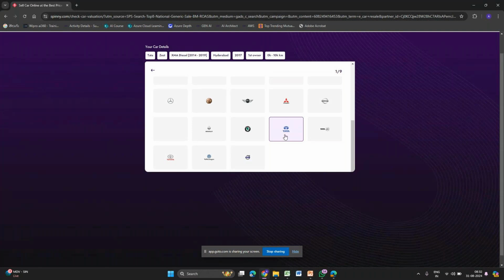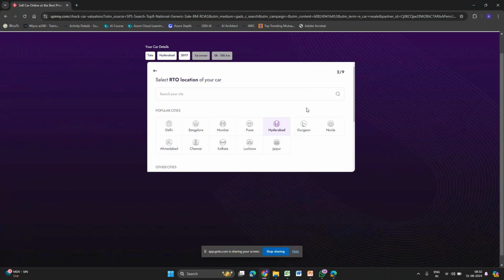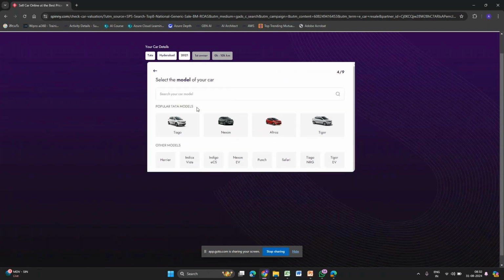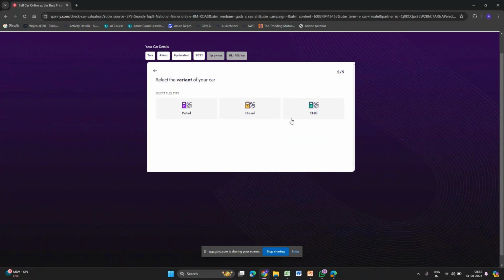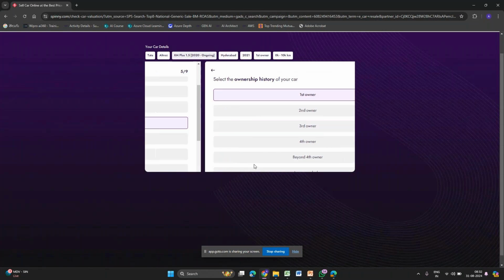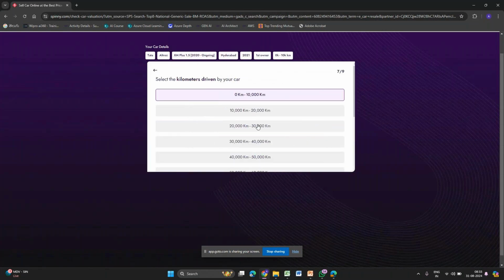I'm taking Tata, and which location the registration happened, the RTO location. Consider it happened in Hyderabad. When this car was manufactured, maybe 2021, and which model of the car. I'm taking Altos, whether it's CNG, diesel, or petrol. I'm selecting diesel, and which variant of the car, maybe something I selected. Number of kilometers you drove.